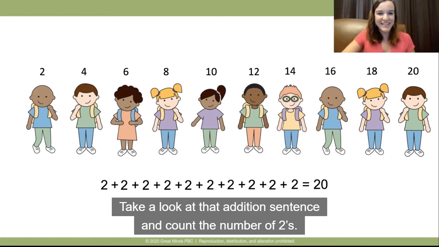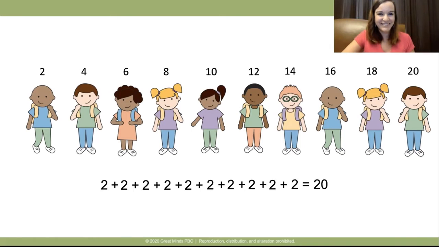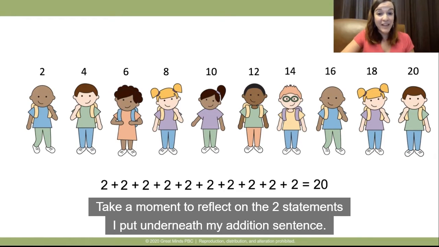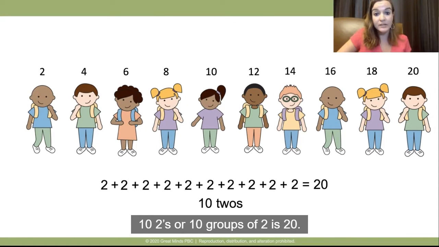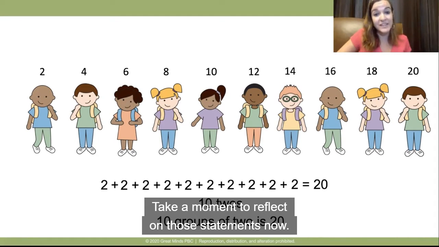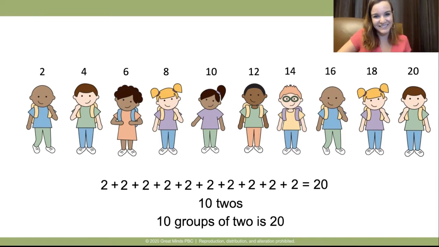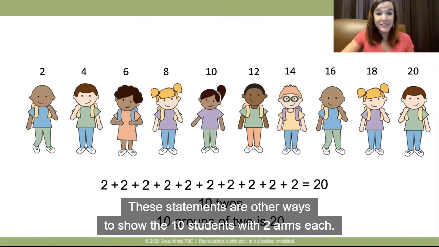Take a look at that addition sentence and count the number of 2s. Take a moment to reflect on the 2 statements I put underneath my addition sentence. 10 2s, or 10 groups of 2, is 20. These statements are other ways to show the 10 students with 2 arms each.